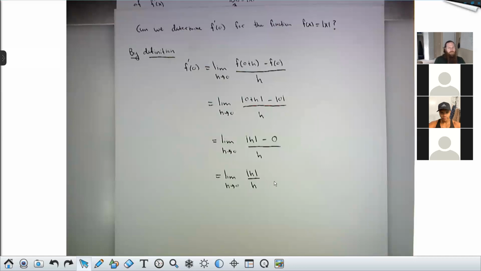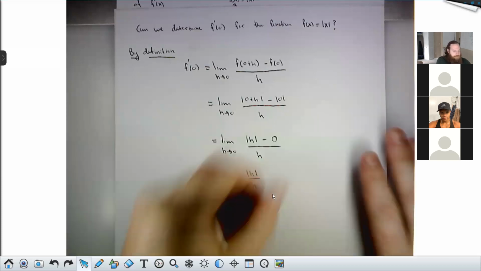And I don't know what the graph of this looks like. Maybe you do. Let's pretend like we don't. The way we need to attack this is by looking at left and right limits separately.